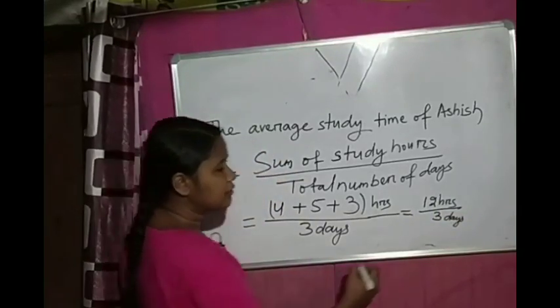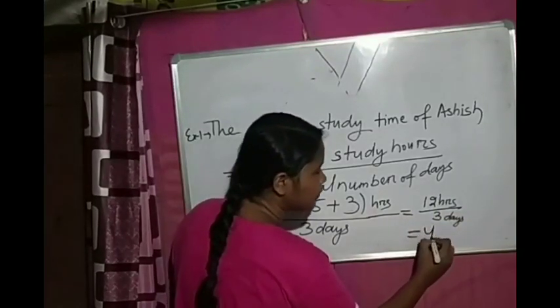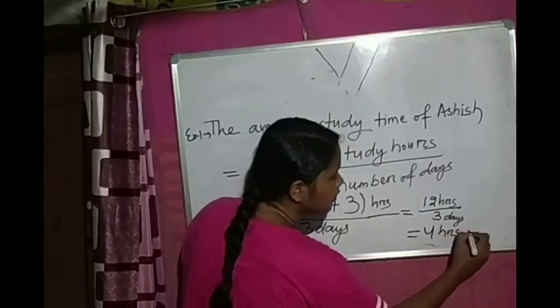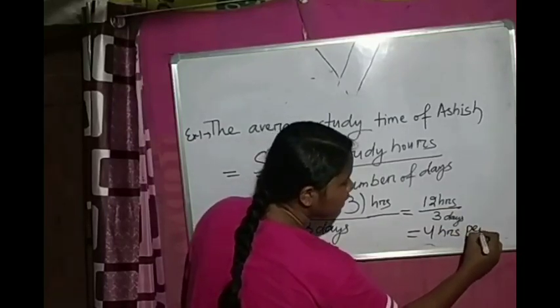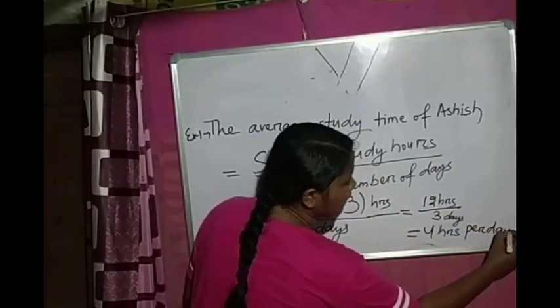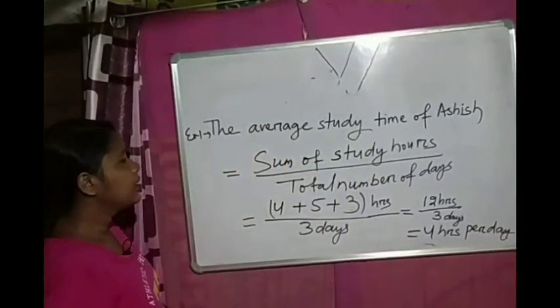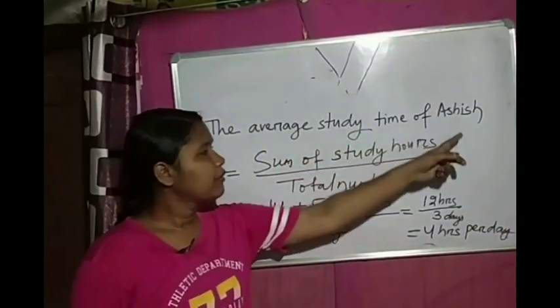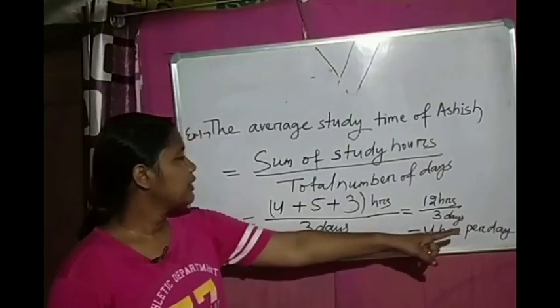So the answer is 4 hours per day. The average study time of Ashish is 4 hours per day.